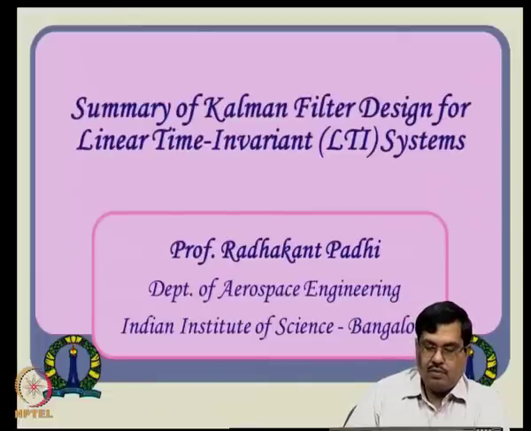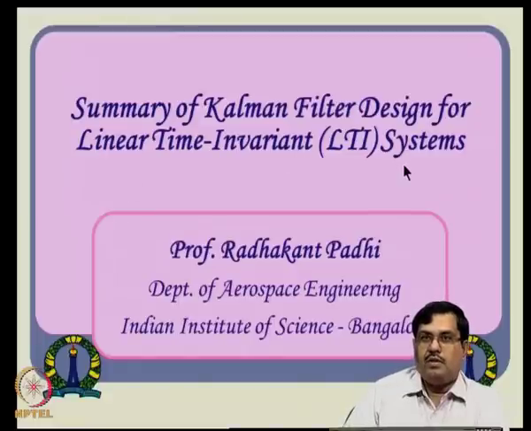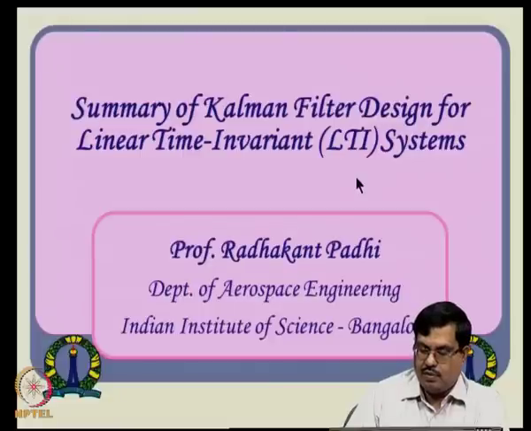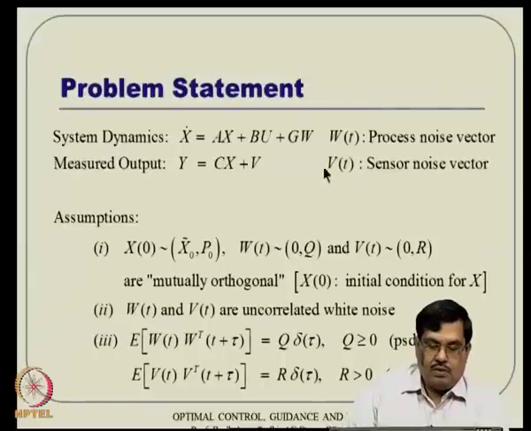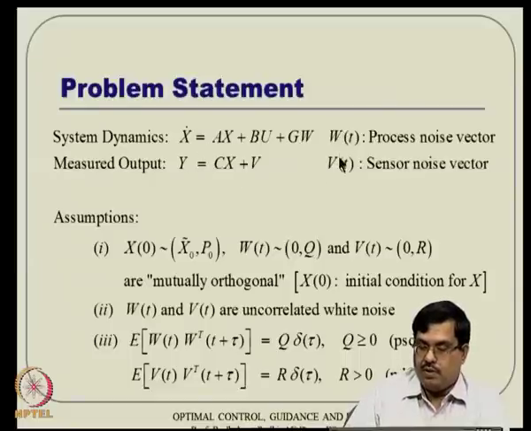A very quick overview of Kalman filter design for a linear time invariant system in the continuous time domain, whatever we discussed in the last lecture. The system dynamics we consider is x dot = Ax + Bu + Gw, y = Cx + v, where w and v are continuous time process and sensor noises respectively.